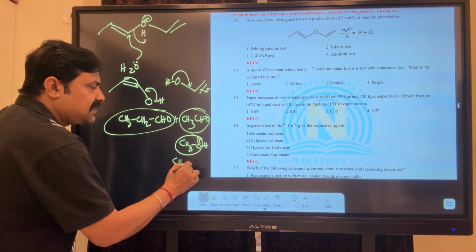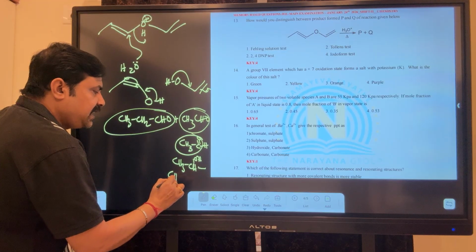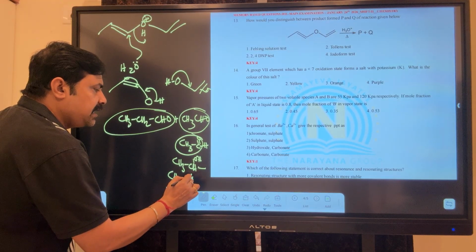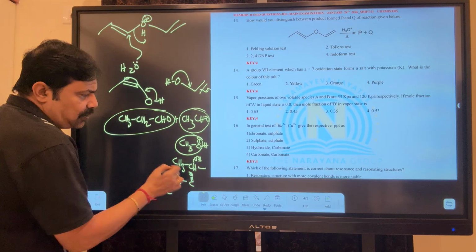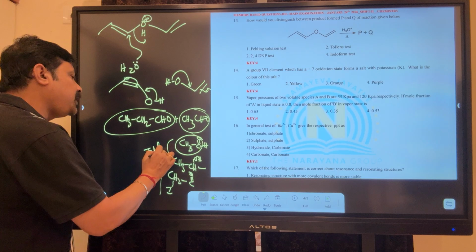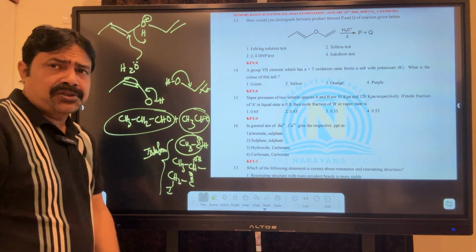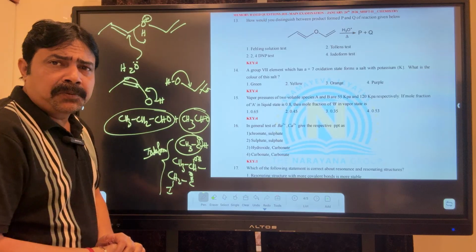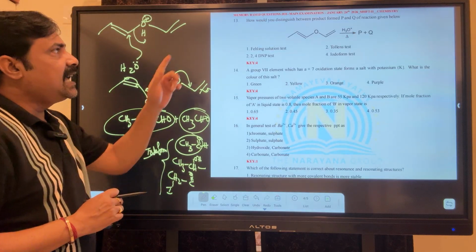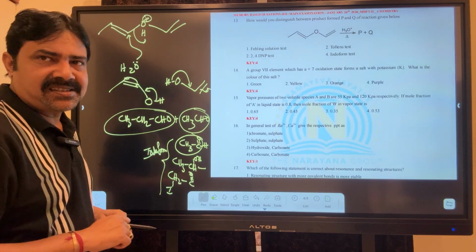Or if you have a CH3CHOH group, or a CH2ICO group, like that, if it is there, they will respond to iodoform. That means the haloform test will be positive. But CH3CH2CHO will not respond to haloform, because a keto methyl or similar group is not present. So that's why products P and Q can be differentiated by the iodoform test.